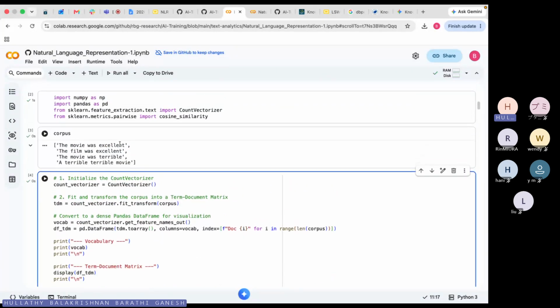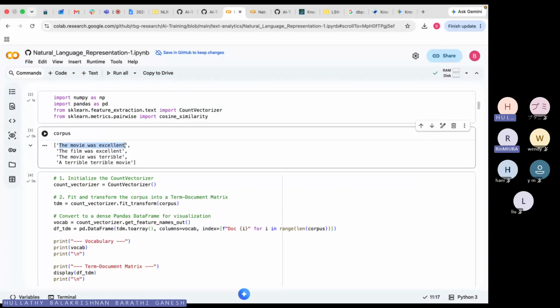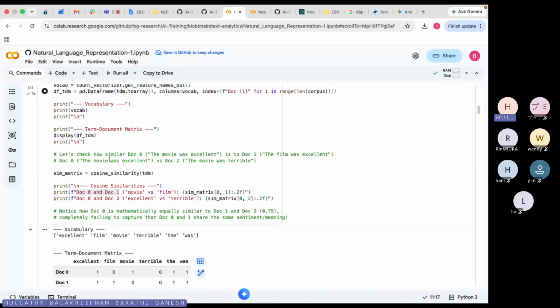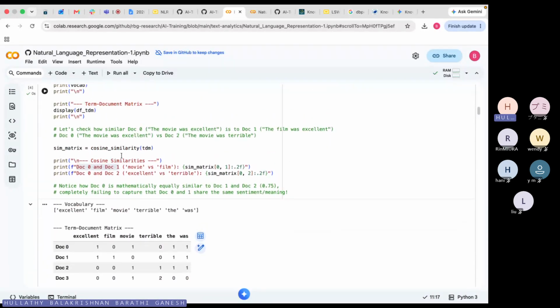Document 0 is a positive statement, and document 1 is also a positive statement. Document 2 and document 3 are negative statements. So we are showing the similarity between document 0 and document 1, that is movie versus film, and then document 0 versus document 2, that is excellent versus terrible.